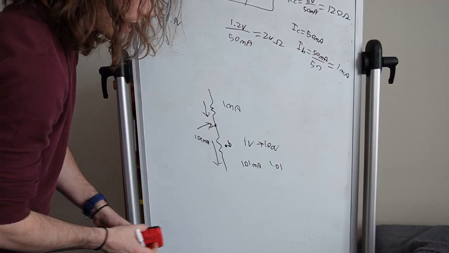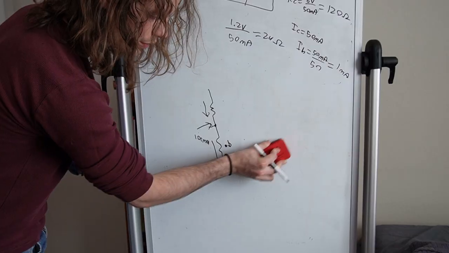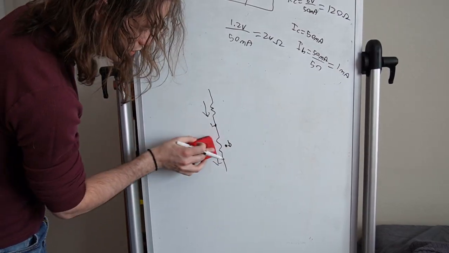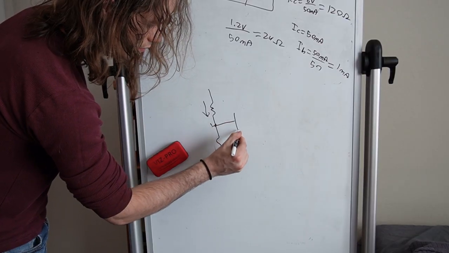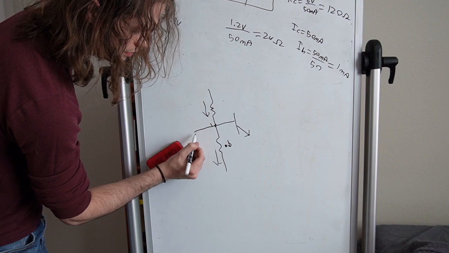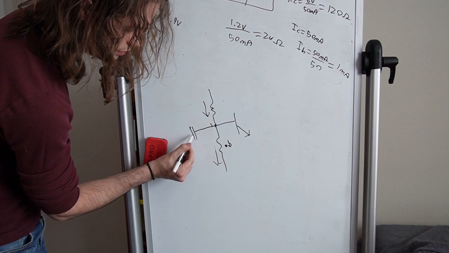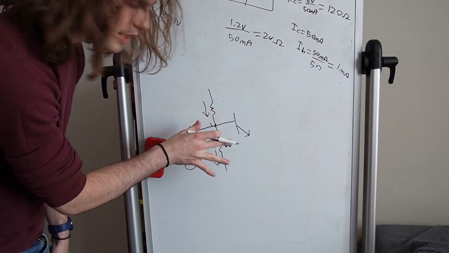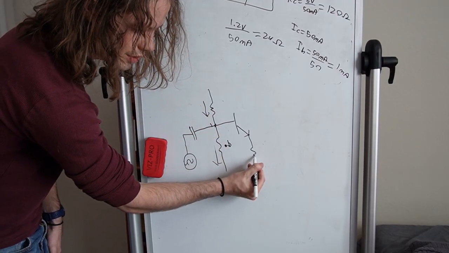And let's add the full circuit for now. Now, keep in mind, we are limiting the base current because of this emitter resistor down here.